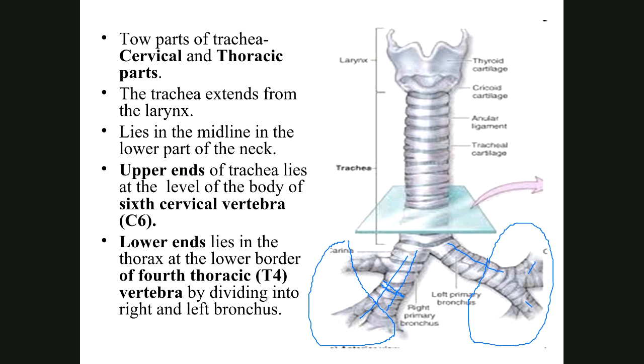That's why our parents used to tell us, drink slowly, eat slowly. Why? Because the right bronchus is almost straight. Sometimes by mistake, the food will go into the trachea instead of going into the esophagus. So you understood? The difference is clear here? Okay.